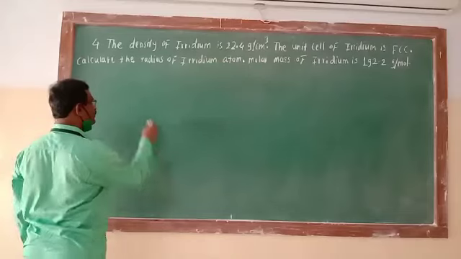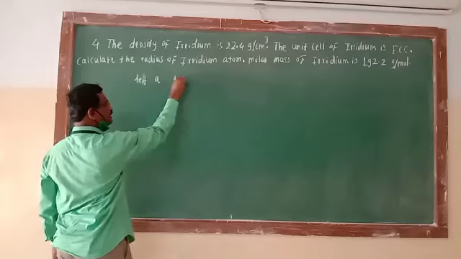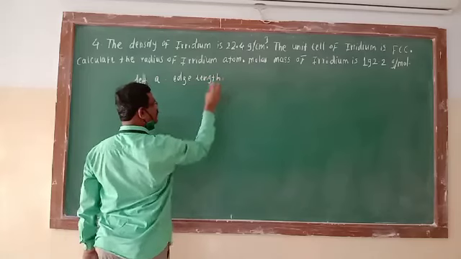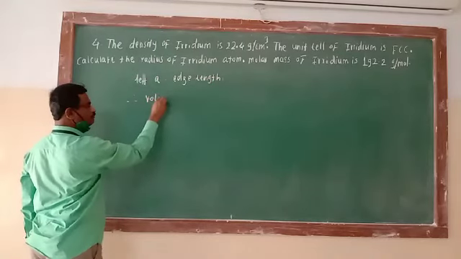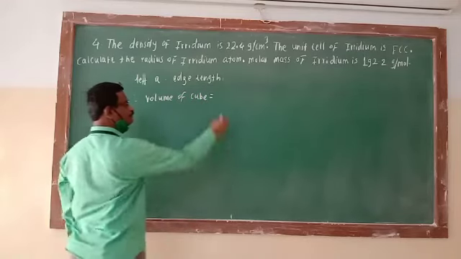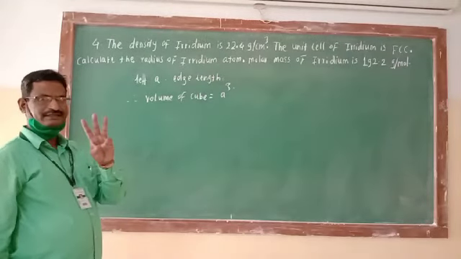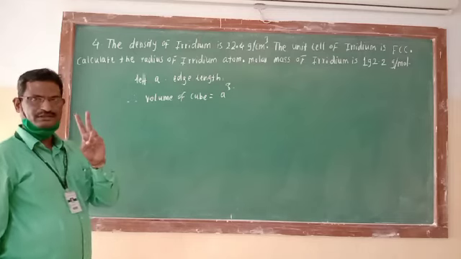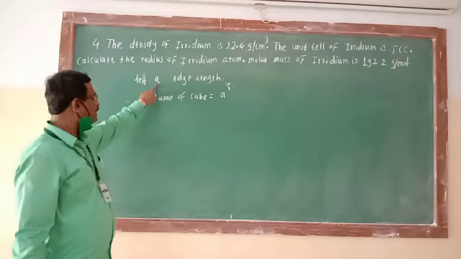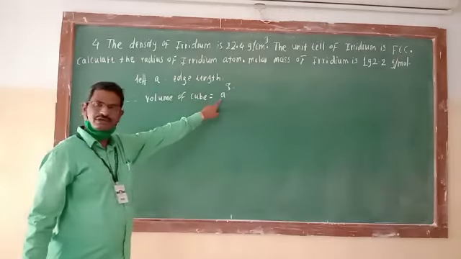If A is the edge length, then volume of the cube will be equal to A cube, because for the cube, three sides, length, width and height, are the same. They are termed as edge, and A is the edge length. Therefore volume of the cube will be equal to A cube.